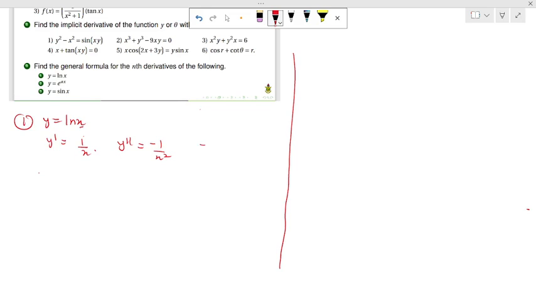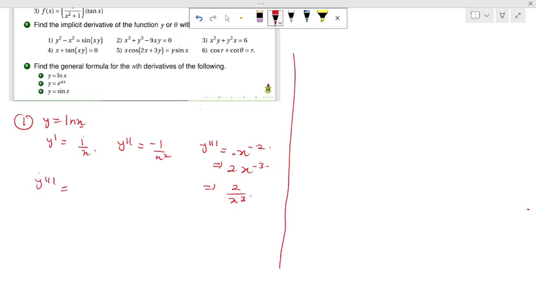So once I have this, I'll go to y triple prime. That is the third derivative. Here I'm having the same as negative x to the power negative 2. So when I'm doing this, I'll have positive 2 x to the power negative 3, and it's the same as 2 over x cubed. So this is the third derivative, right? Now let's move to the fourth derivative.